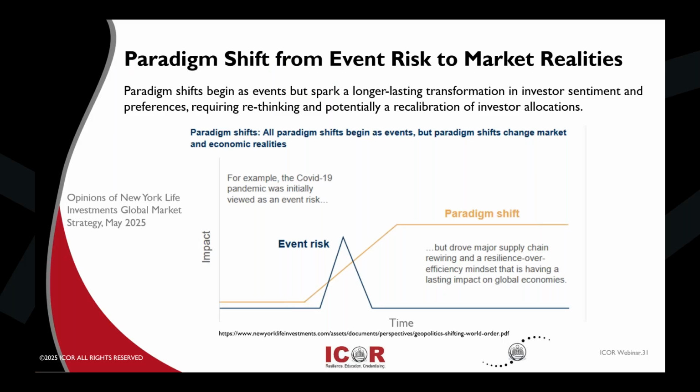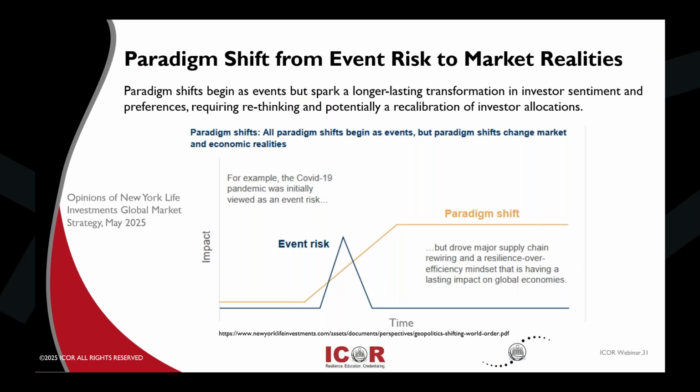One of the things they showed as an illustration, which is really interesting, is this paradigm shift from event risk to market realities. COVID was initially seen as an event risk, where there is a beginning and an end.